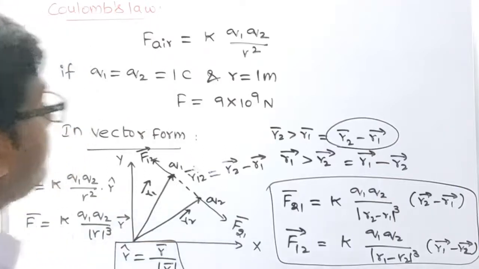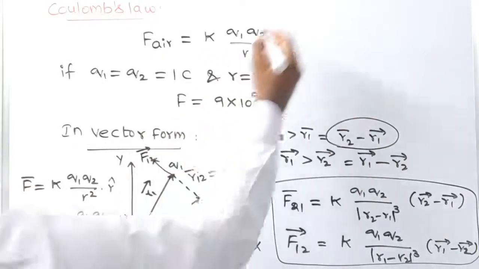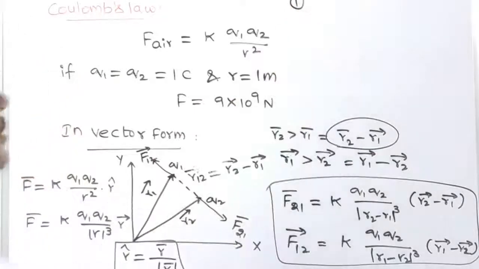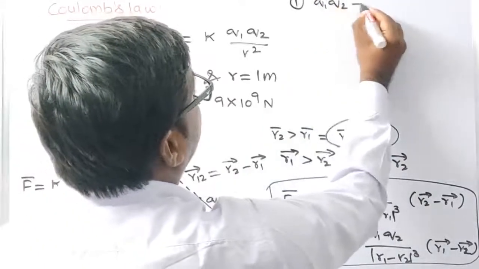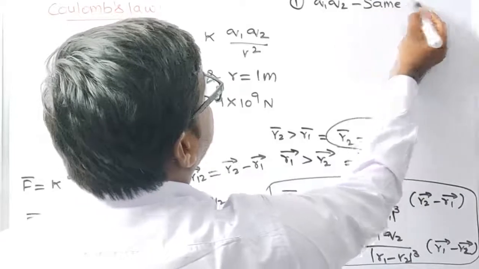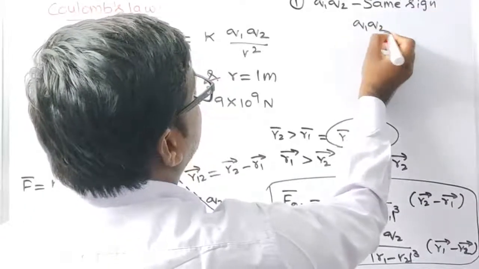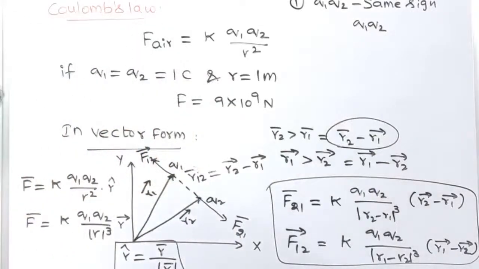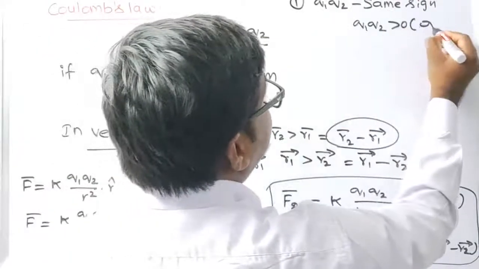Next, if q1 and q2 are of the same sign, that is the product q1 q2 greater than 0, which is a repulsive force.